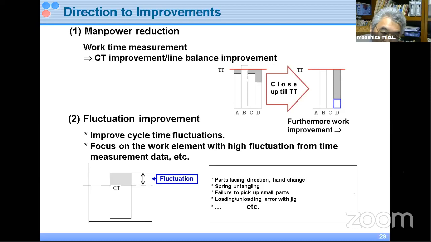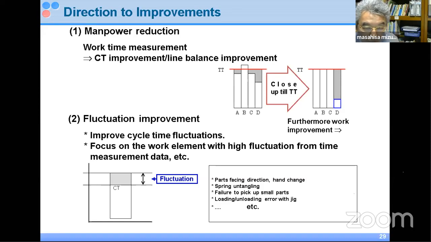Number two, the fluctuation is very important. Fluctuation. If a certain worker has more than 20% fluctuation, only 80% of the takt time is filled by the cycle time.